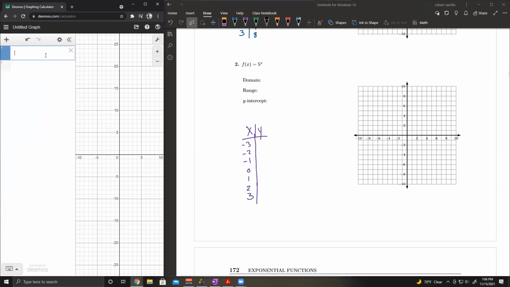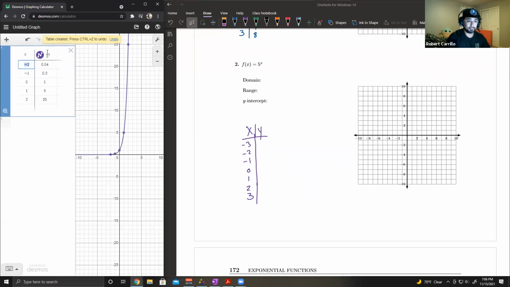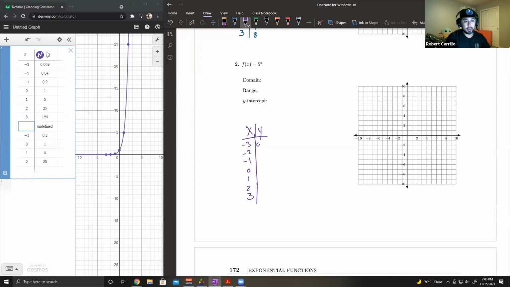I'm just going to type on Desmos 5 to the x, hit the gear icon, table, and do it again. At -3, you're at 0.008. Then 0.04, 0.2, 1, 5, 25, and 125.